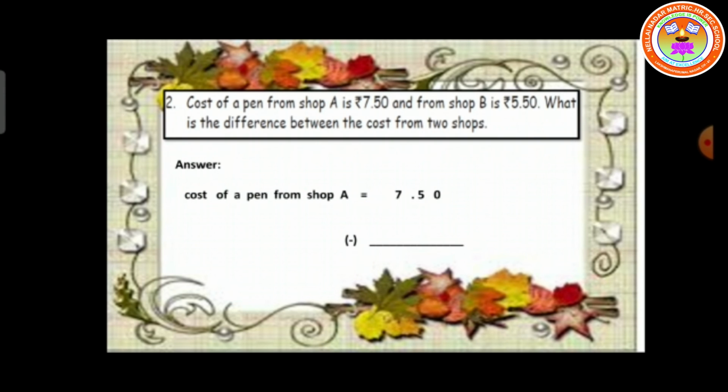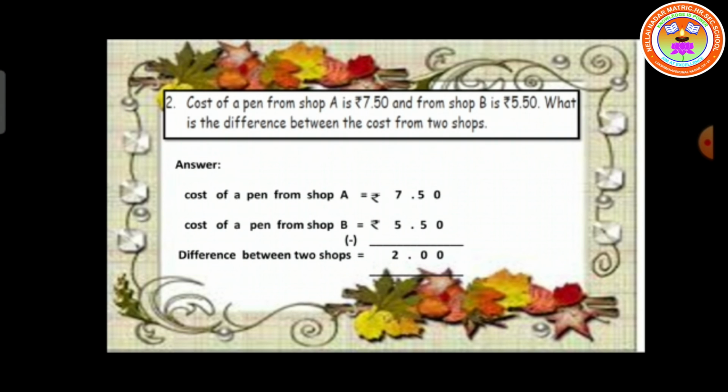Cost of a pen from shop A, 7 rupees 50 paise. Shop B, 5 rupees 50 paise. The difference between two shops is, students, 0 minus 0, 0, 5 minus 5 is 0, 7 minus 5 is 2. So the difference between two shops is 2 rupees. Is it clear? Very easy problem, right?